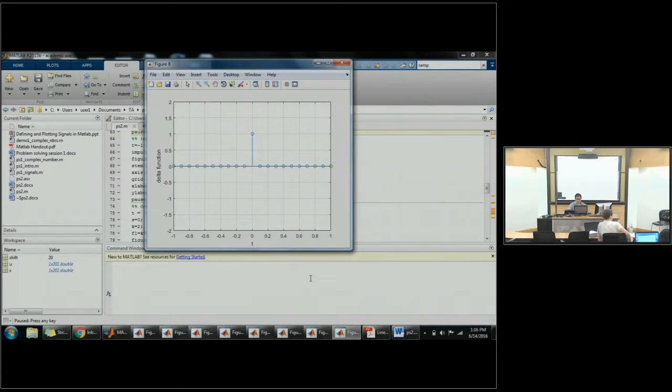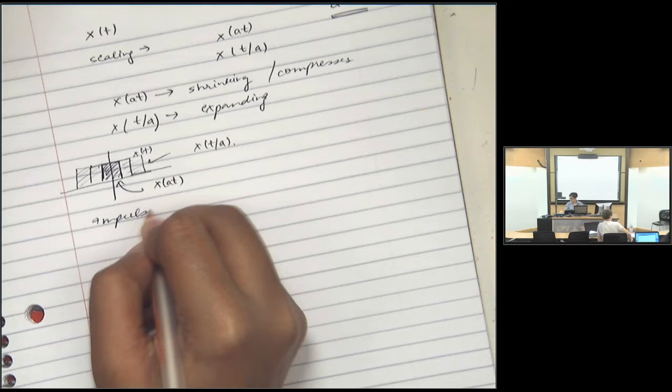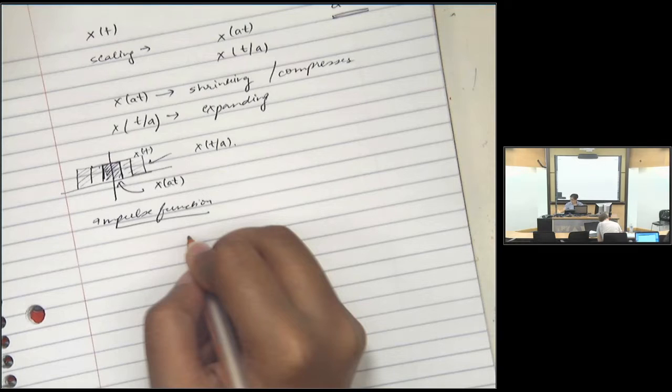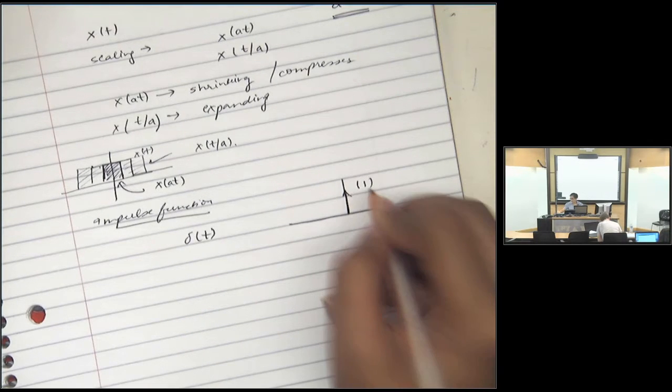Impulse function is standard. So let me write it down for you. Impulse function. So del t is centered at 0 and it has area of 1.